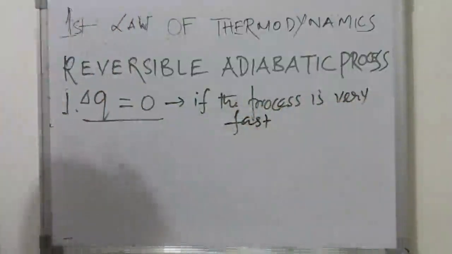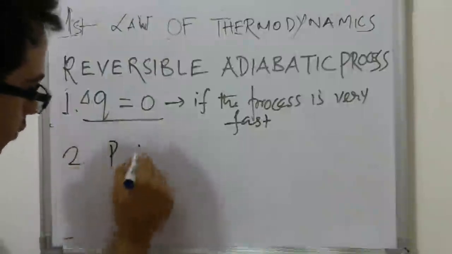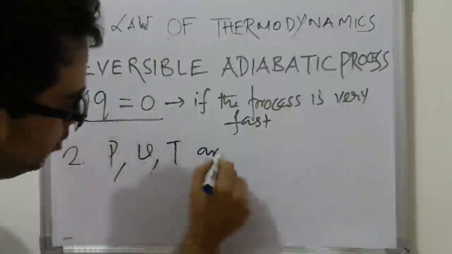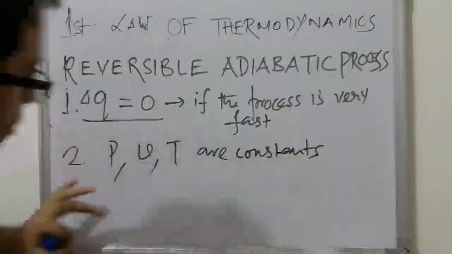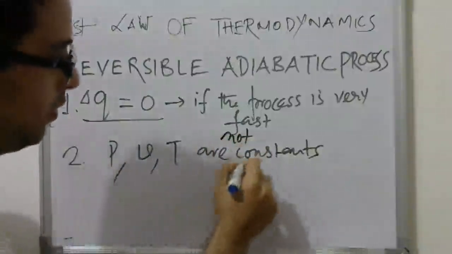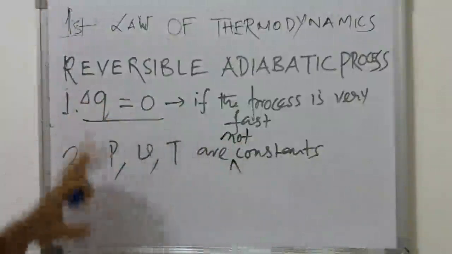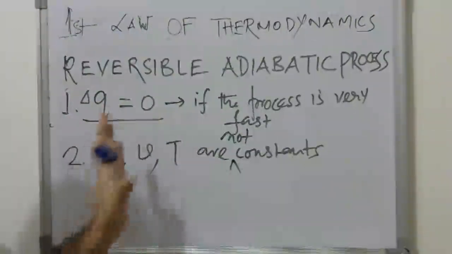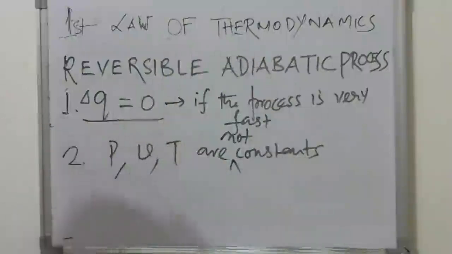Right? And during this process, neither pressure, volume, nor temperature are constants. The PVT are not constants. So all of these variables actually vary during an adiabatic process.